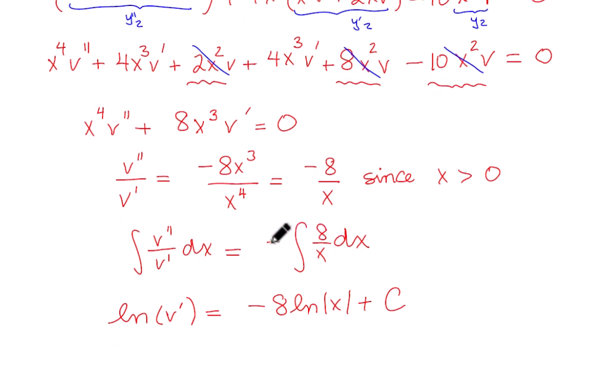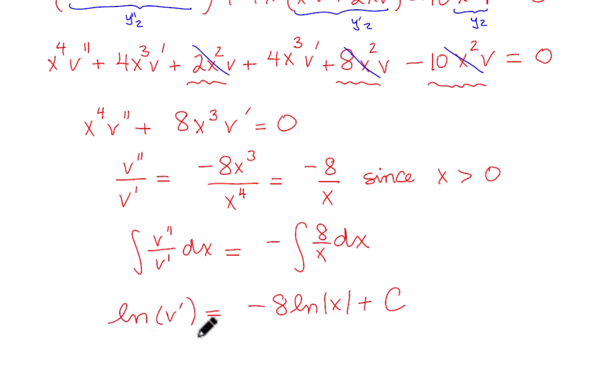All right, so I'm going to integrate both sides. Well, if I integrate this, I get minus 8 ln absolute value of x plus c. And what about this thing? Well, let's see. If I integrate this, I get the ln of the denominator. Let's see if we believe that.